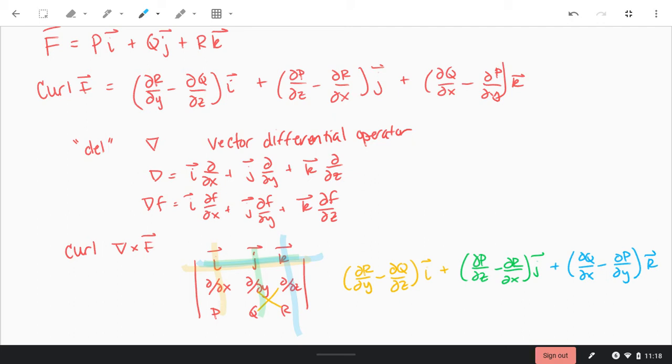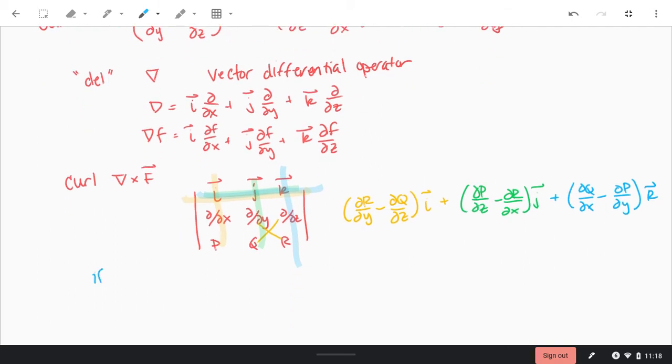Okay, and again, this is kind of a measure of rotation. If you get your curl of f equals 0, then we have no rotation. And if you remember that from the previous lesson, that means that we have a conservative vector field.